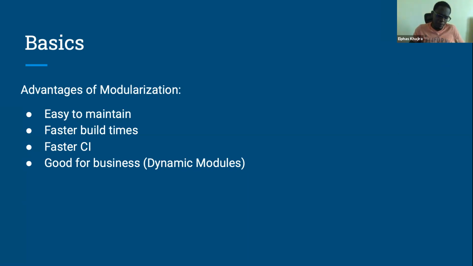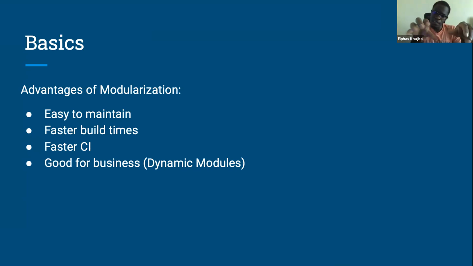The thing about a modularized app is that when you do a build, if you haven't touched any code from a certain module, Gradle will not try to build that module.